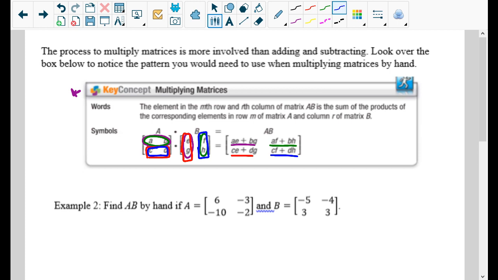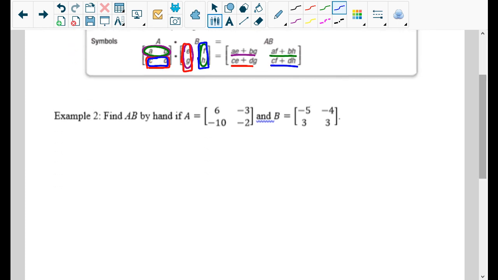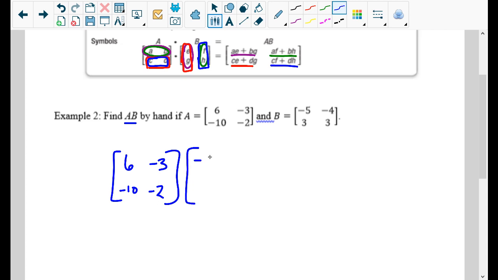Okay, so let's do this by hand. So we have A times B. We're going to find A times B here. So I have 6, -3, -10, and -2. I'm multiplying it by -5, -4, 3, and 3.